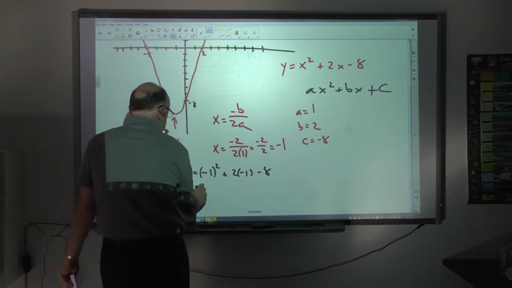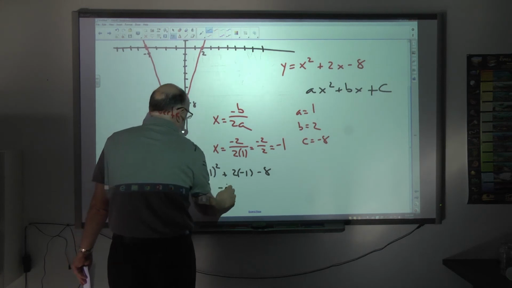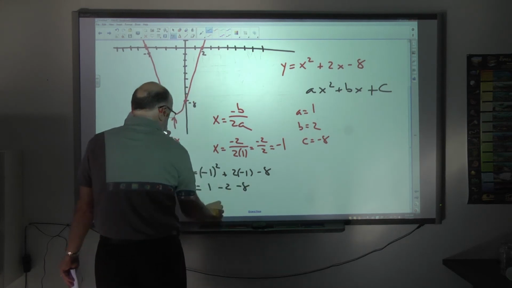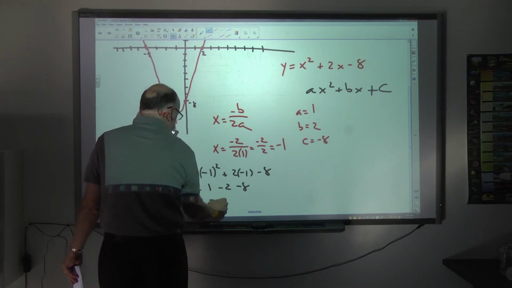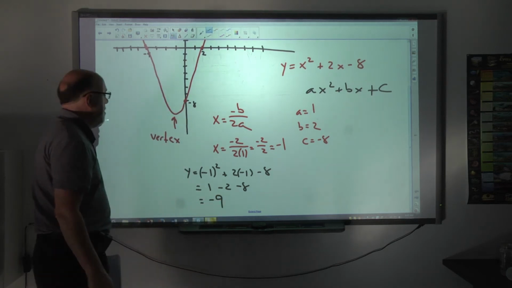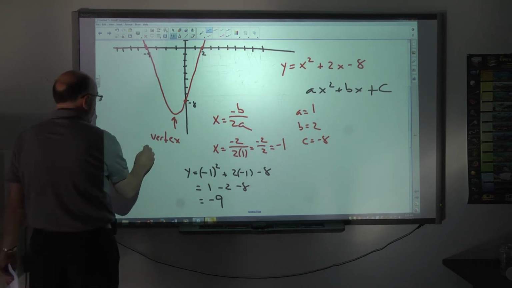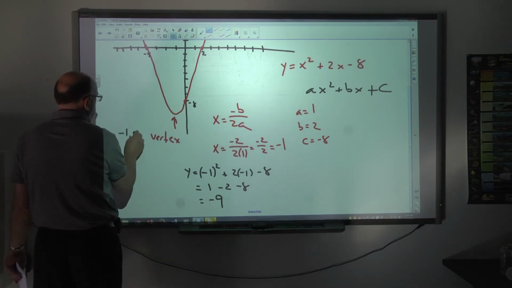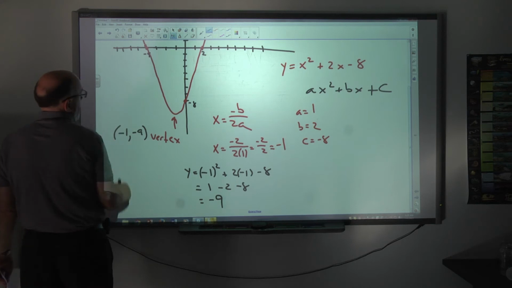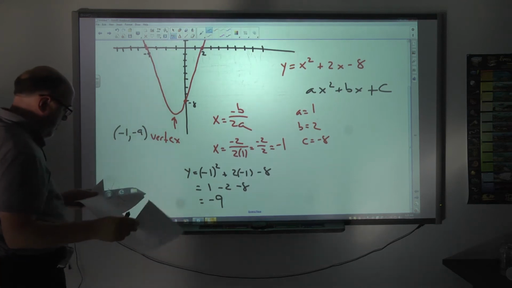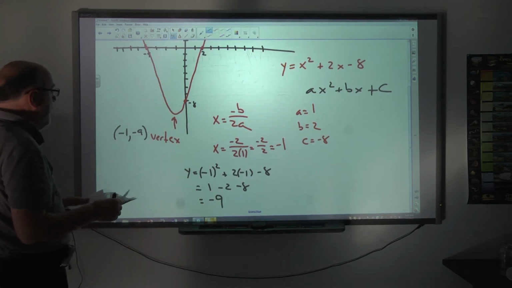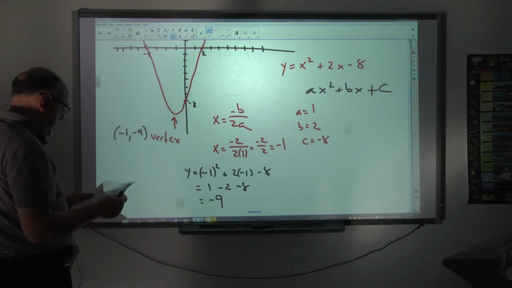So -1 squared is 1, minus 2, minus 8, and so this will be negative 9. So the coordinates of this vertex point will be the point -1, -9. So we have that point.